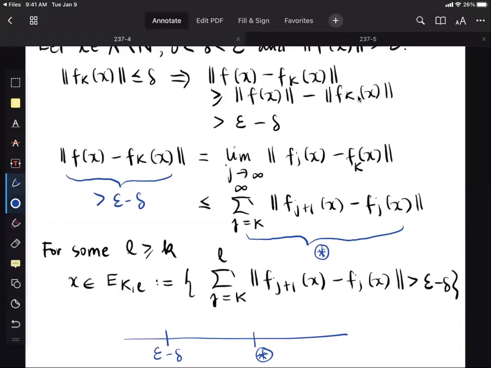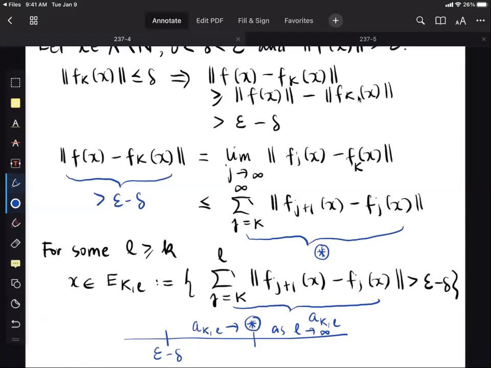If I denote this by, let's say, A sub kL, take note that A sub kL tends to this star as L tends to infinity, because this is only a partial sum of the tail.